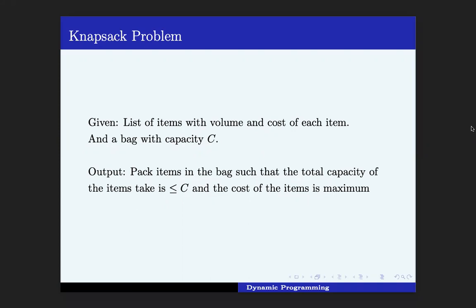All that matters is volume. Now the goal is to find out the maximum cost of items that you can take home, under the restriction that the total volume of the items that you pack cannot exceed the volume of the bag.